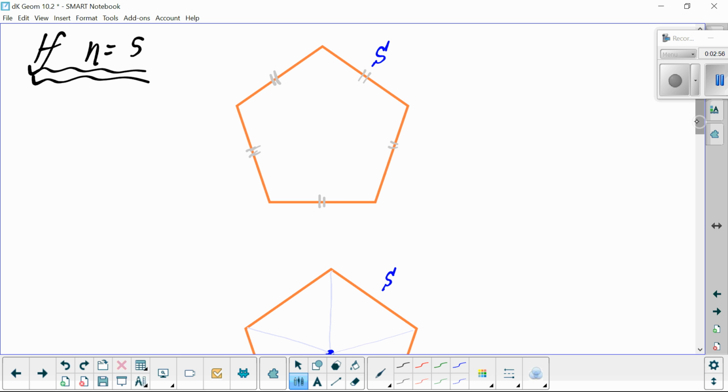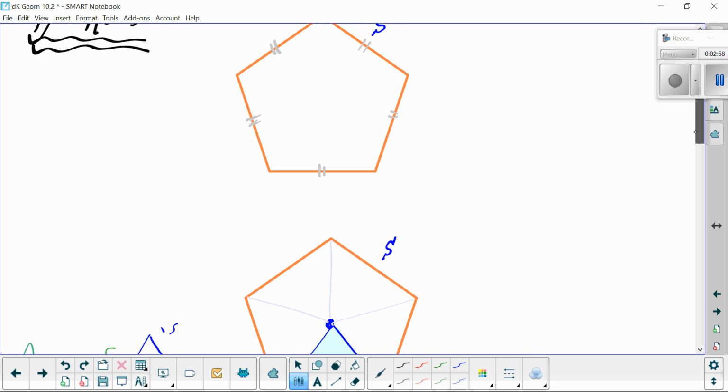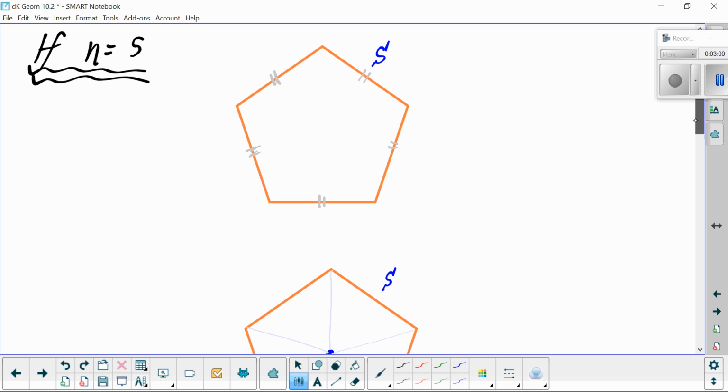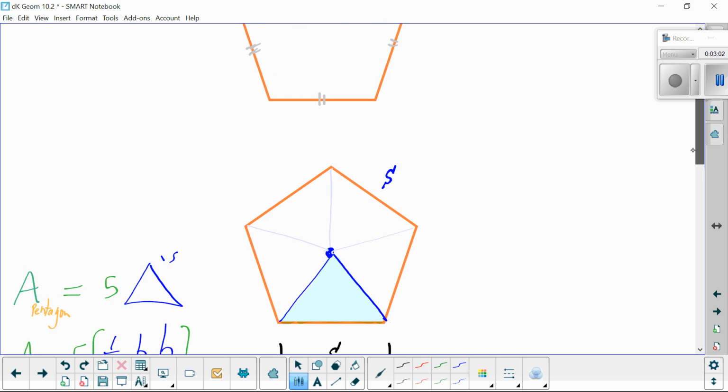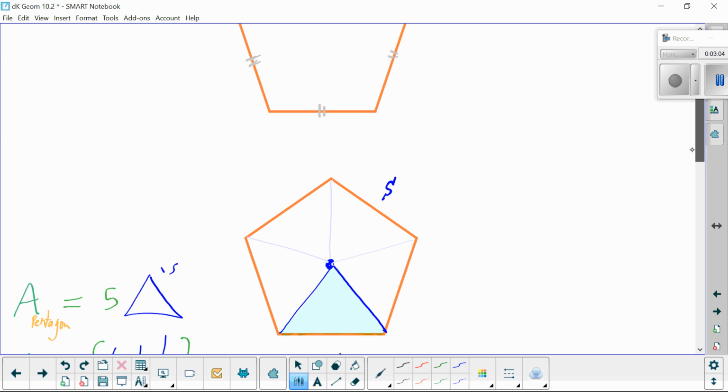I'm only going to introduce one way, which I think is a very nice, elegant way of finding the area of a regular pentagon, and that is dividing the pentagon into 5 congruent triangles using the center of the pentagon as the vertex of all 5 triangles. So you can see that the area of the pentagon will just be 5 of those blue triangles.